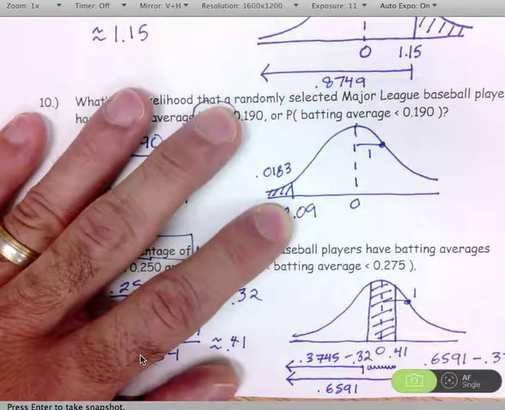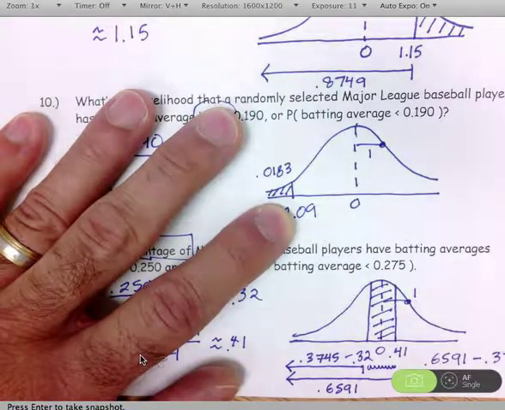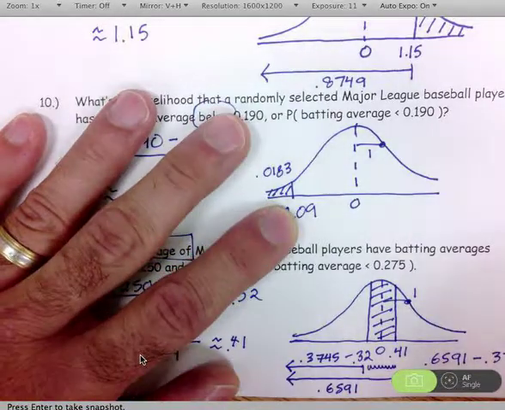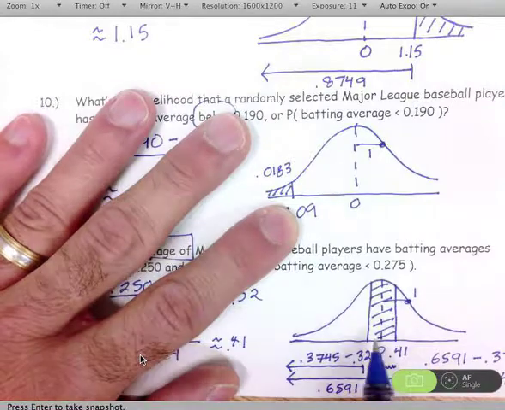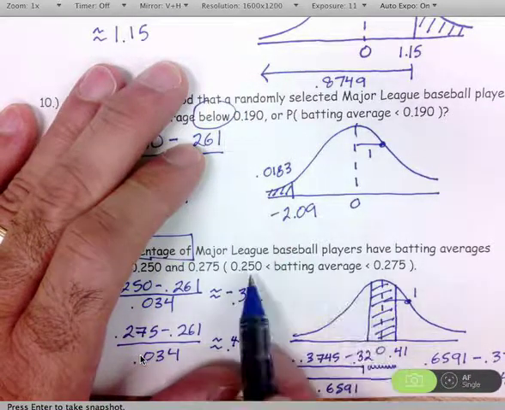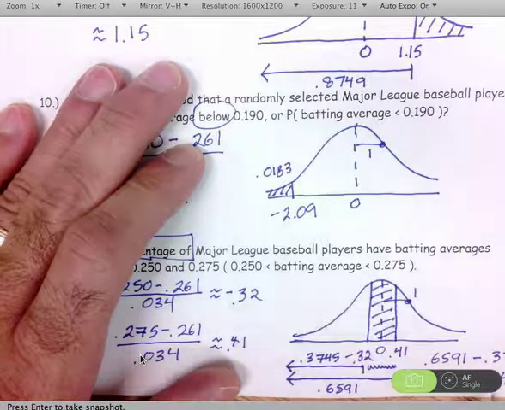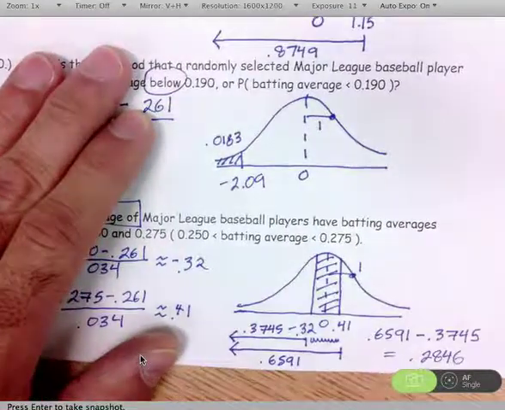So we'll calculate that and we'll be done. 0.6591 minus the 0.3745, that looks like 0.2846. So literally the percentage of Major League Baseball players that are going to have a batting average between the 0.250 and the 0.275, it's about 28.5%. There we go. Hope this was helpful.